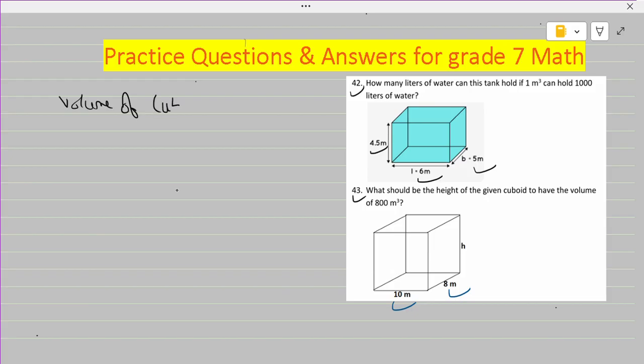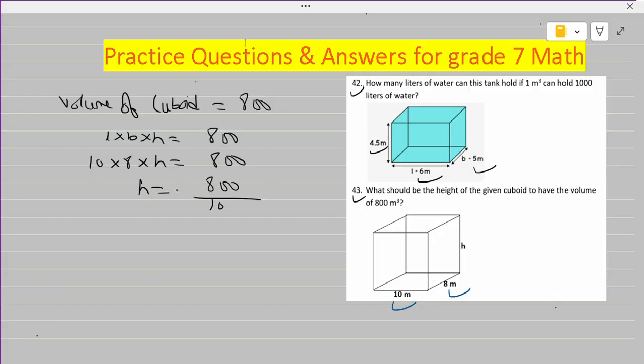So volume of cuboid is given here as 800 meter cube, and the product of length, breadth and height is equal to 800. Length and breadth are given as 10 and 8, so 10 into 8 into height equals 800. So height will be 800 divided by 10 into 8.